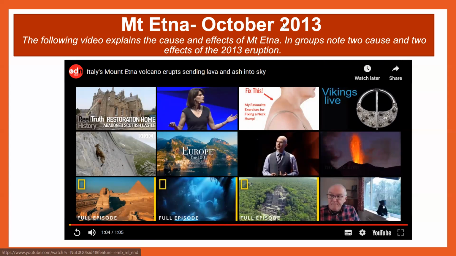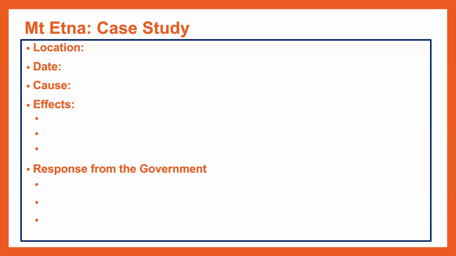Okay, so you can see there about Mount Etna and some cause and effects of Mount Etna. So you should have managed to get a couple of things down. We are going to do a case study about Mount Etna. Okay, its location, the date it has erupted, cause, effects, and the responses from the government.